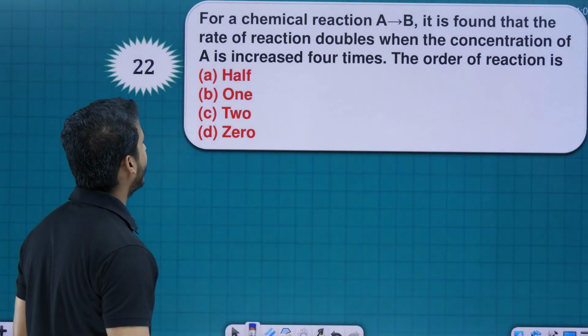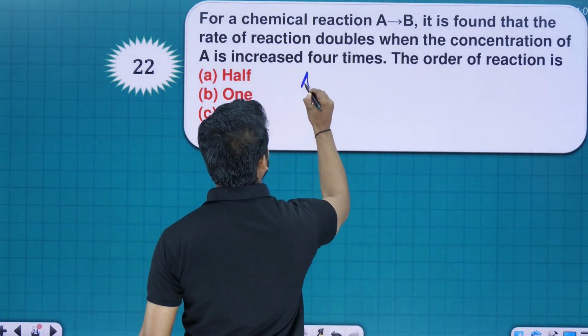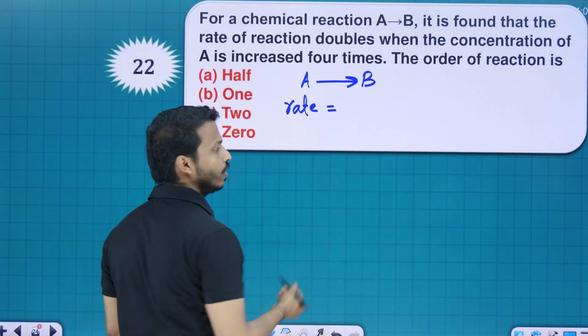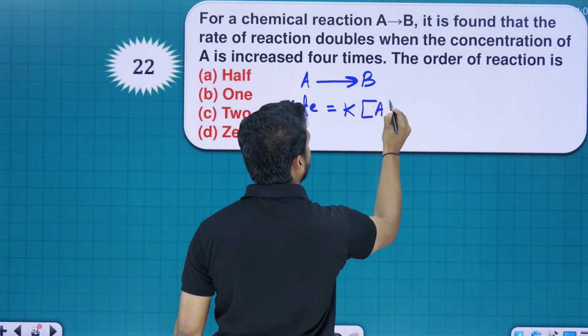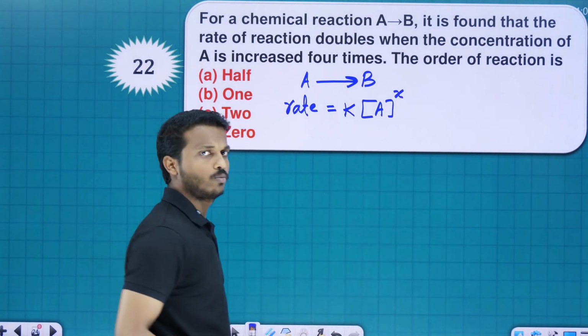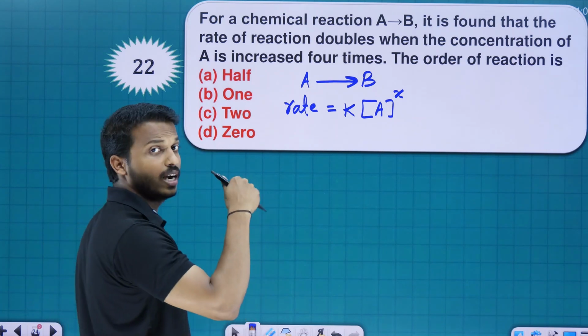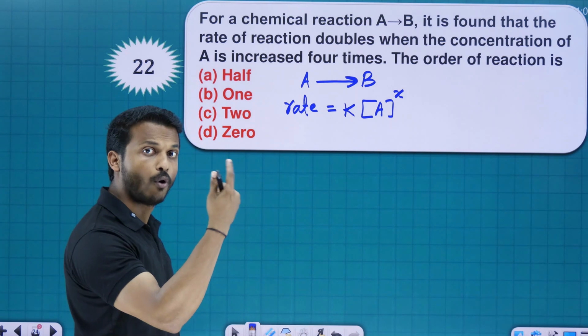Ready? Next one. For a chemical reaction A gives B, it is found that... okay, A gives B is given. So immediately write the rate law. How do we write the rate law? Rate is equal to K into reactant A raised to X. We don't know what the power is. It is found that the rate of reaction doubled when the concentration of A increased 4 times.